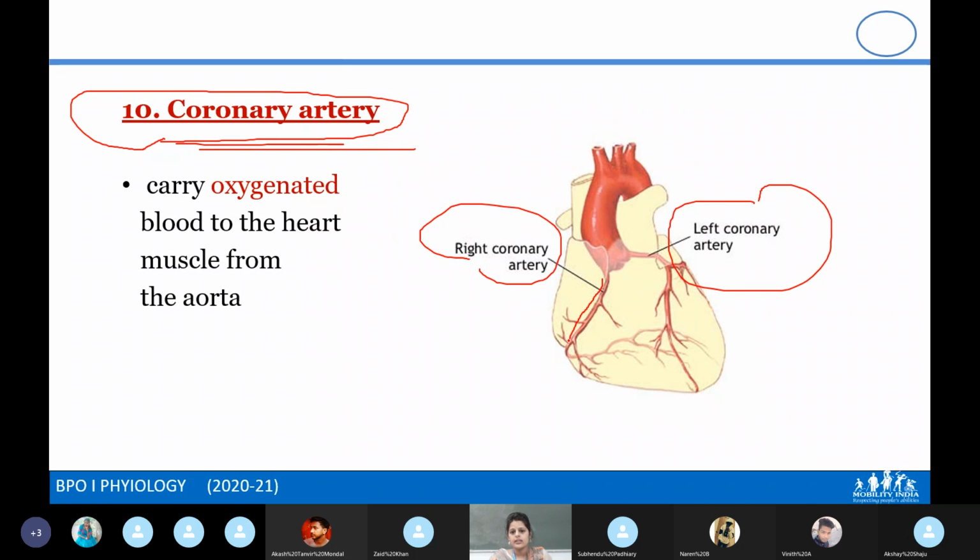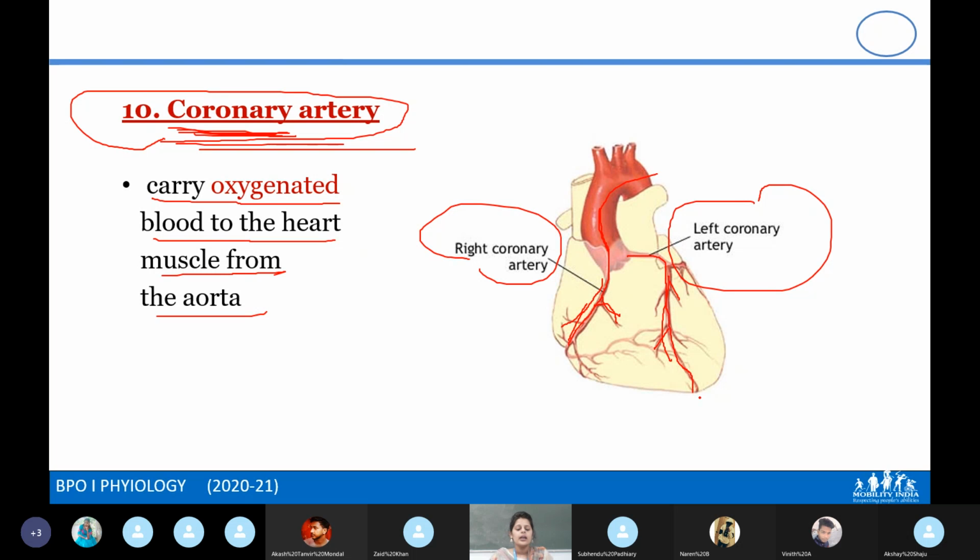You can see here, these are the small arteries present at the heart. This is the name only for the arteries present at the heart. They carry oxygenated blood to the heart muscle from the aorta. From the aorta, it branches into small arteries called coronary arteries.